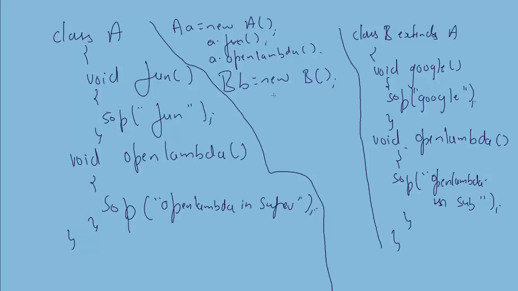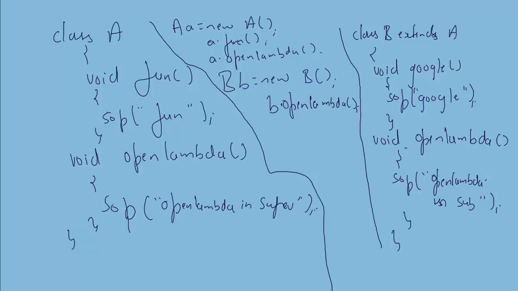Now when I say b dot open lambda, what is the output? The output would be open lambda in sub, because the object of B is being created. People might guess that preference would be given to this particular method.